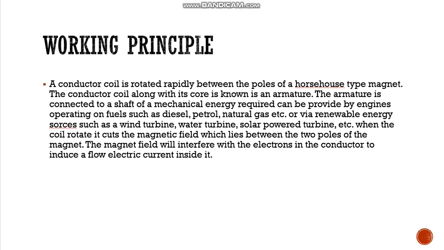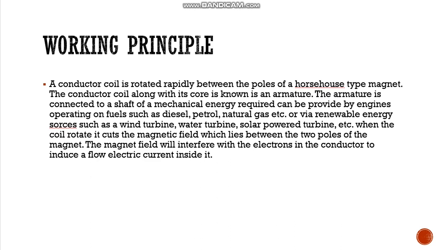Next, the working principle. A conductor coil is rotated rapidly between the poles of a horseshoe type magnet. The conductor coil along with its core is known as an armature.